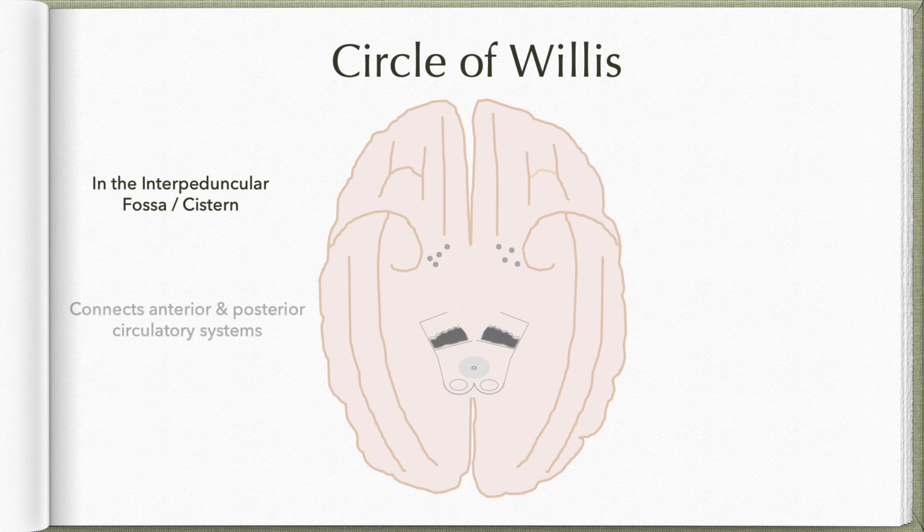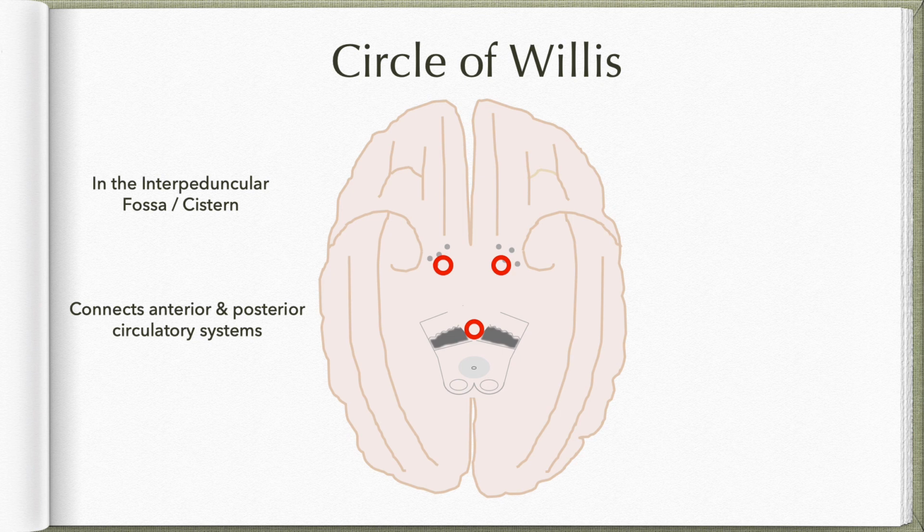Now, this establishes communication between the anterior circulatory system and the posterior circulatory system. When I say anterior circulatory system, these are basically the internal carotid arteries and their corresponding branches. When we say posterior circulatory system, it is basically the vertebrobasilar system and their branches.